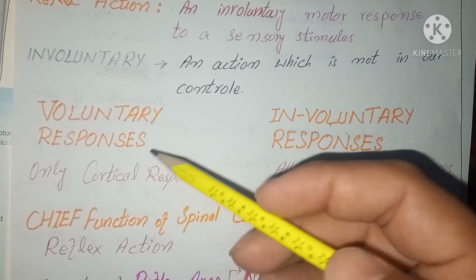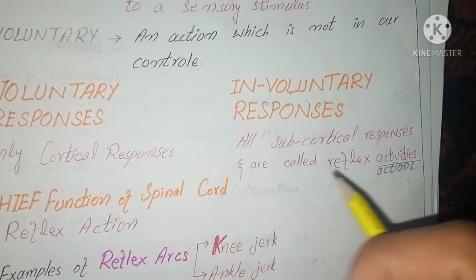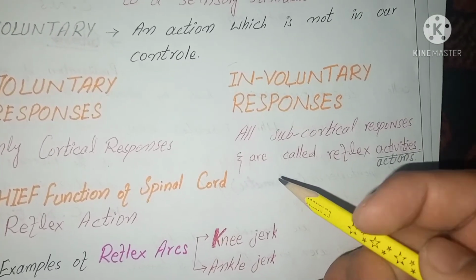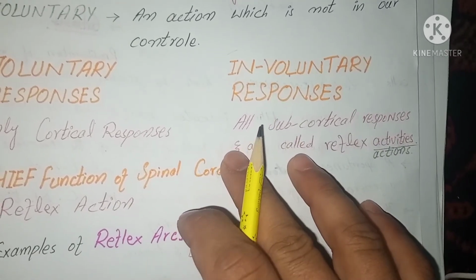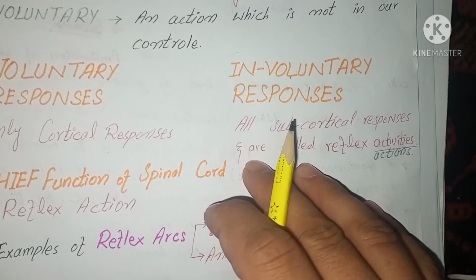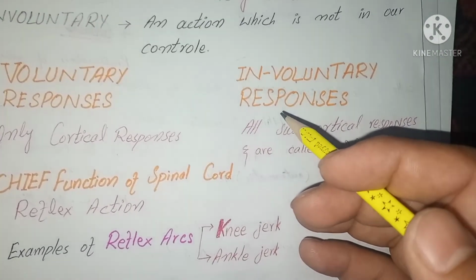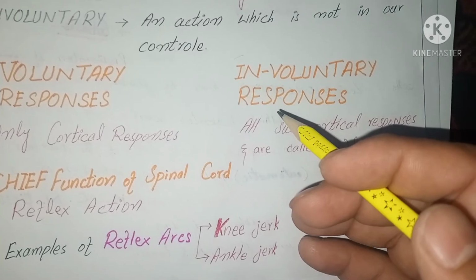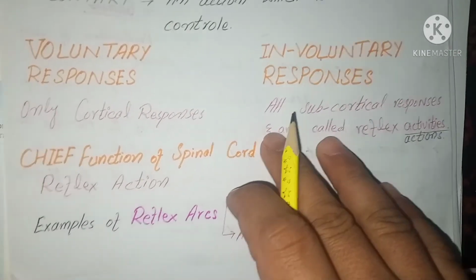So these are voluntary, and involuntary responses cannot be in our control. All subcortical responses are involuntary responses, also called reflex action or reflex activities. For example, the stomach: when we eat food, we cannot stop the stomach from grinding the food.